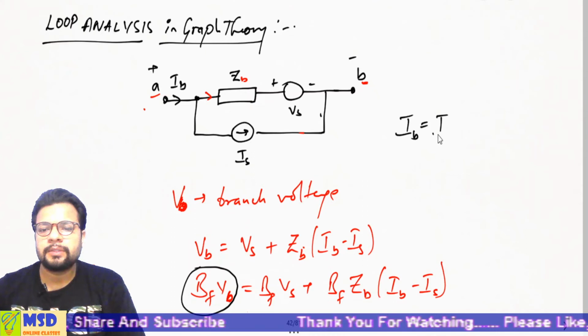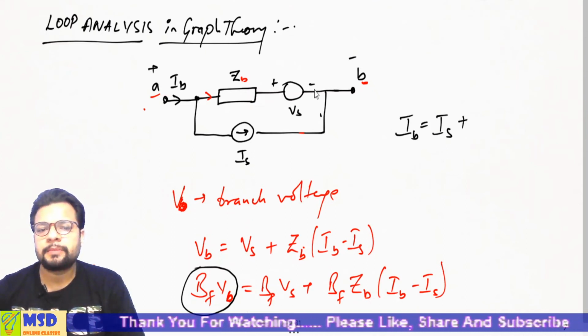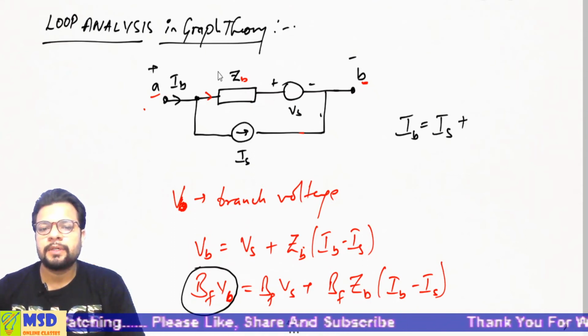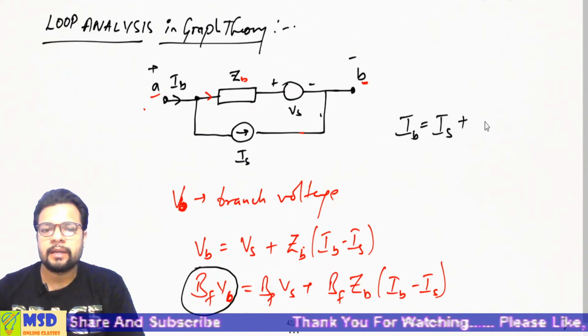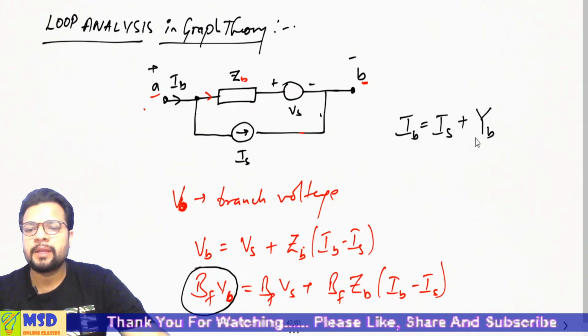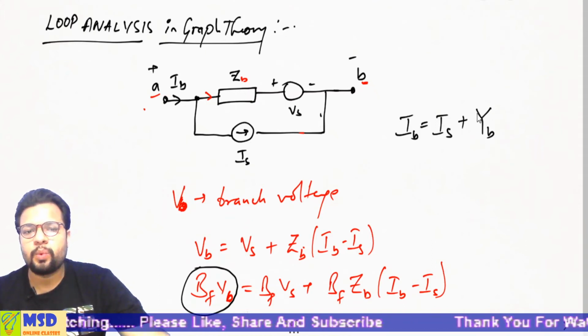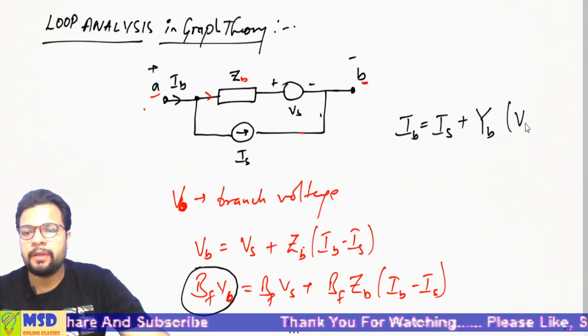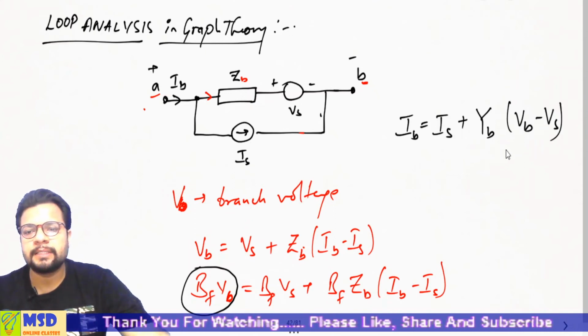In terms of the voltage vector, I can write it as YB, if the branch admittance is YB, into VB minus VS.